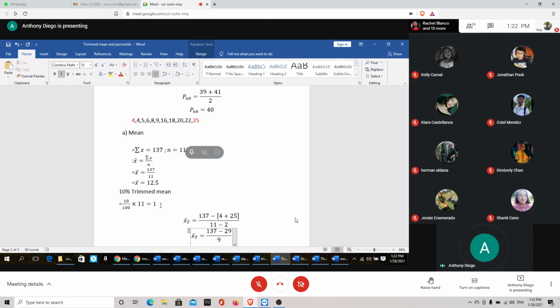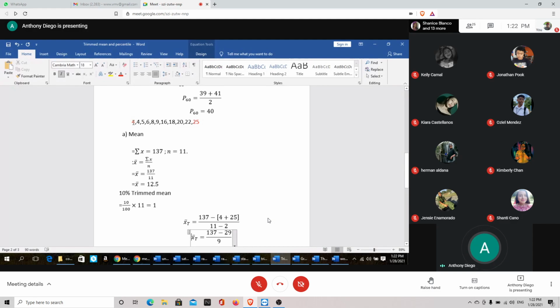Okay, good. So once again, we take the 137 minus this 4 that we have here, only that 4, and only this 25 at this end, so plus 25. That will give us 29. 137 minus 29 divided by 9. Why 9? Because we have removed one value at this end and one at the other, so we have removed 2 values from the set of 11 numbers.